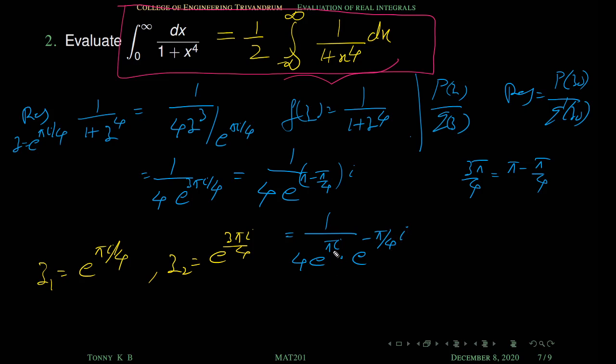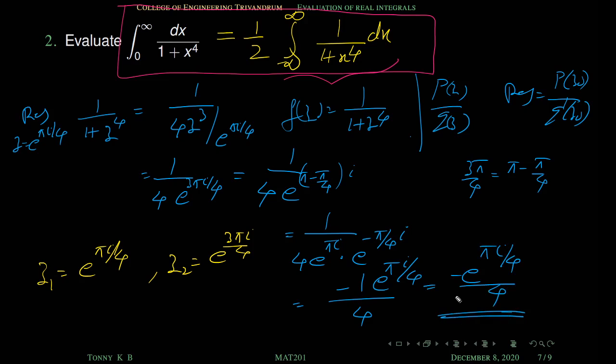E raised to pi I is minus 1. So this is minus 1 by 4, and this becomes e raised to pi I by 4. So minus e raised to pi I by 4 by 4. So this is the residue at the first pole.